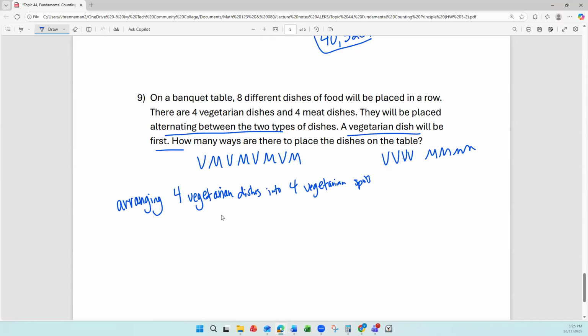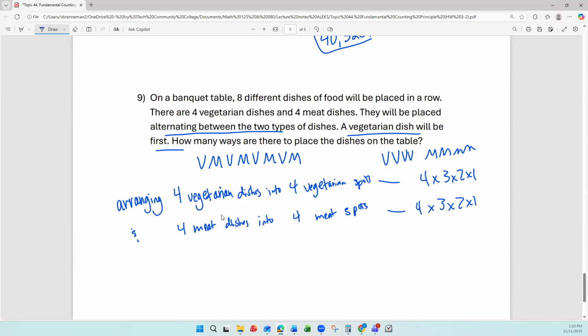And same thing with the meat, 4 meat dishes into the 4 meat spots. So each of those is going to be 4 times 3 times 2 times 1.